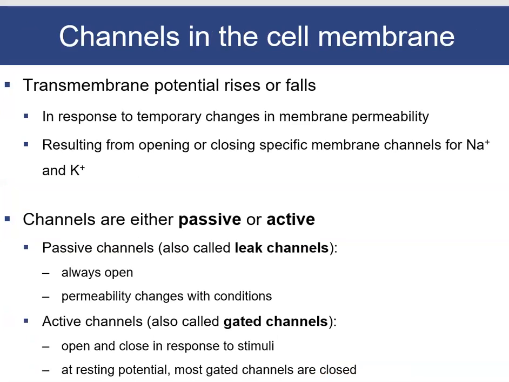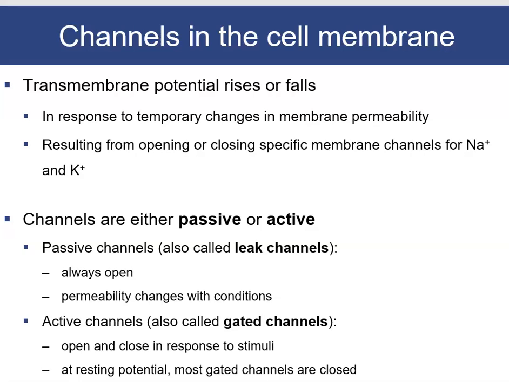Now, in our cell membrane, there are various channels, and the transmembrane potential will rise or fall in response to temporary changes in the permeability of the membrane. This change in permeability results from either the opening or closing of specific channels for either sodium or potassium.